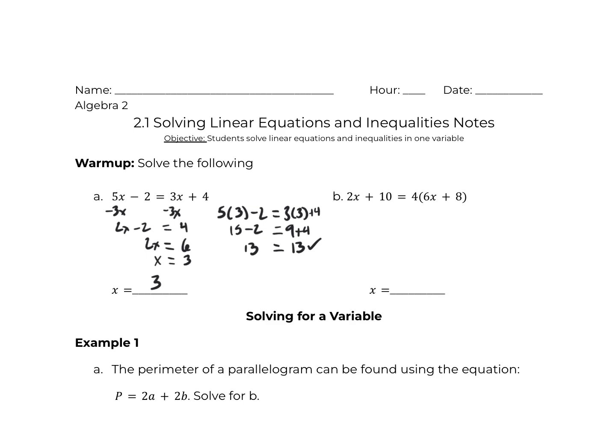Next up, we have 2x plus 10 equals 4 times 6x plus 8. The first thing we're going to do is distribute this 4 to both the 6x and to the 8. So it becomes 24x plus 4 times 8 is 32. And we're going to subtract 2x from both sides.